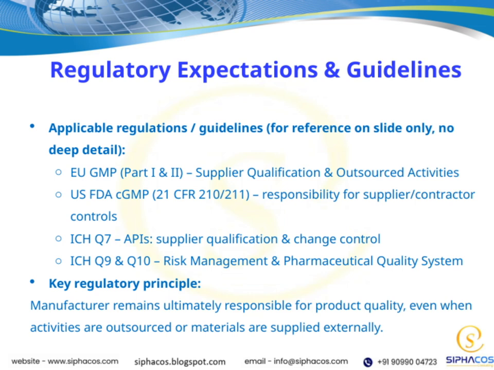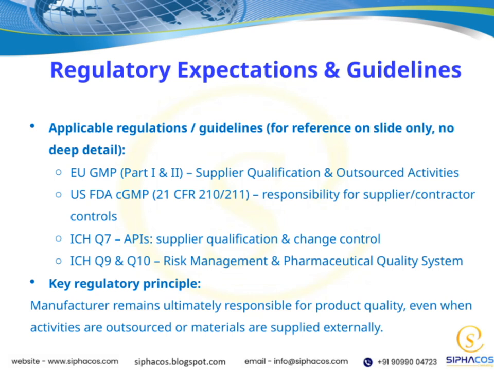Moving on, the US FDA's CGMP regulations, outlined in 21 CFR 210 and 211, place a clear responsibility on manufacturers to control their suppliers and contractors. Essentially, even if a task or component is outsourced, the manufacturer remains accountable for the final product quality.